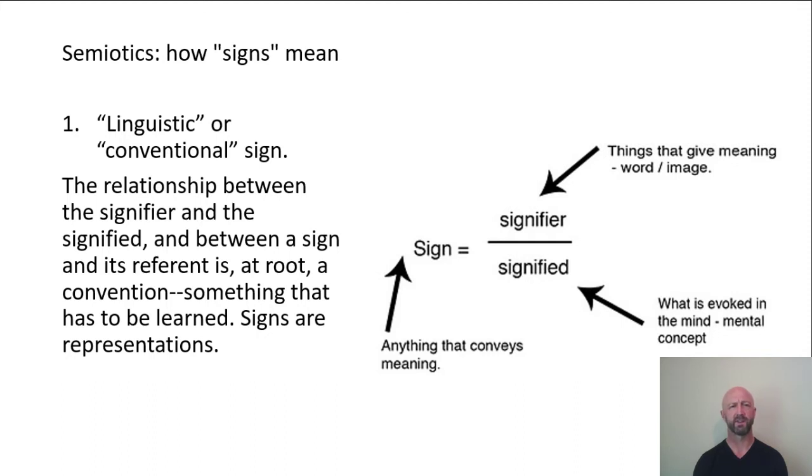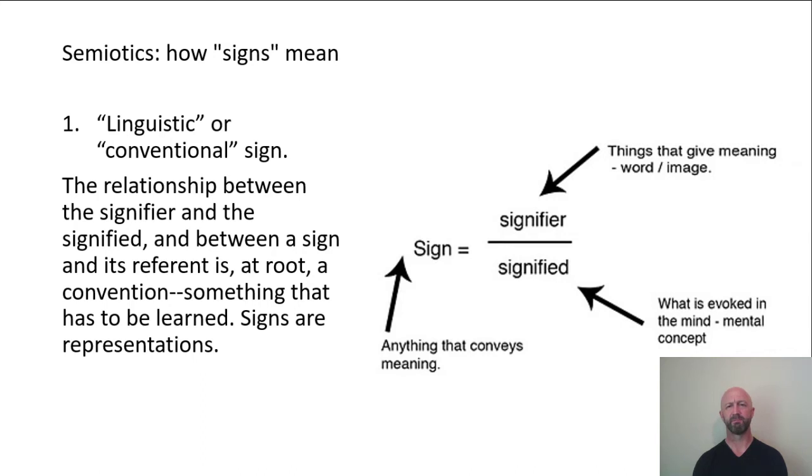One is Ferdinand de Saussure, a French thinker, and another major player early on was Charles Sanders Peirce, who started to think, how does a sign, or let's start with something simple, like a word, how come it has the meaning that it has? What secures that meaning? How do signs work?